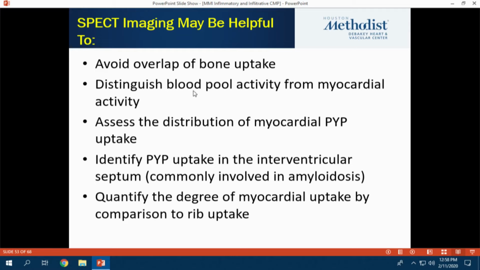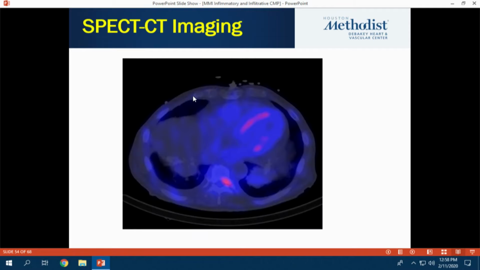Now, it's very important, as I said, the issue of bone uptake and to look at other sources of why you may get false positives and negatives. So here, we're being a little bit more specific nowadays because we wanted to make sure that we are getting the signal from the heart.